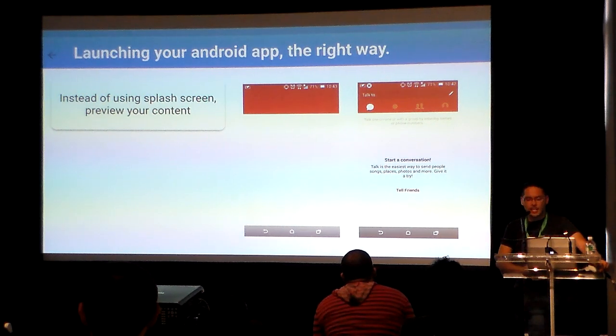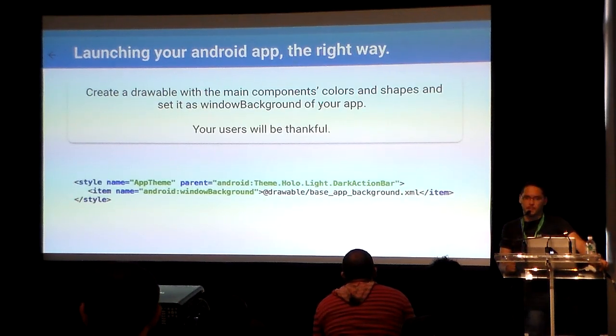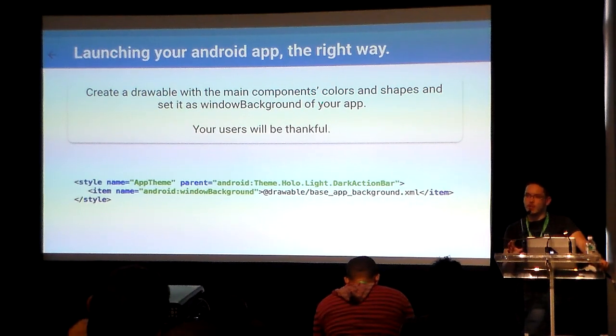And you set it as the window background of your application. So basically, this is the window background of the application, and it's a drawable, right? The drawable doesn't have any measurement passes, there are no measurement calculations, so the drawable is just going to be drawn. So when you first launch your app, Android is gonna use your window background.